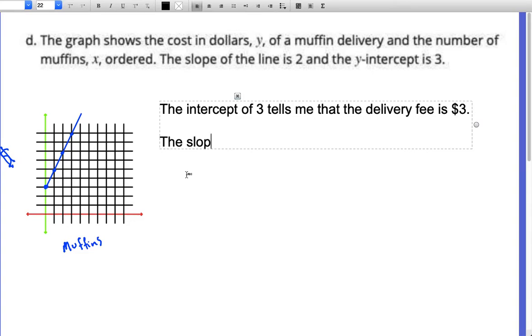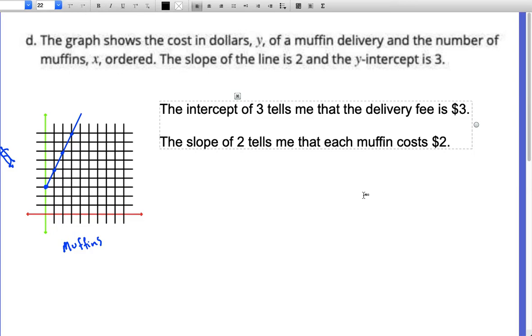The slope of 2 tells me that, think about what this means, it's up $2 over 1 muffin, up $2 over 1 muffin. So the slope of 2 tells me that each muffin costs $2.